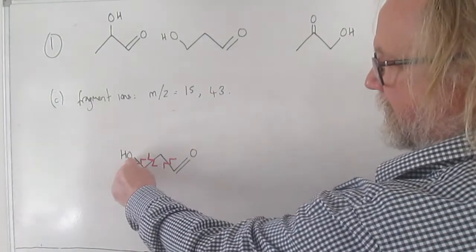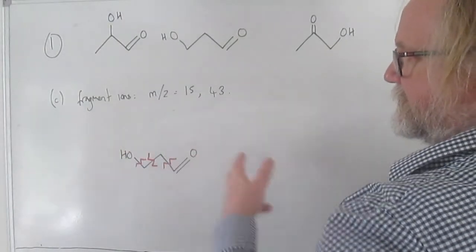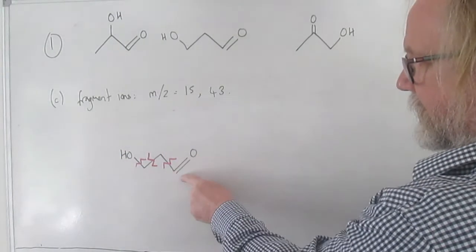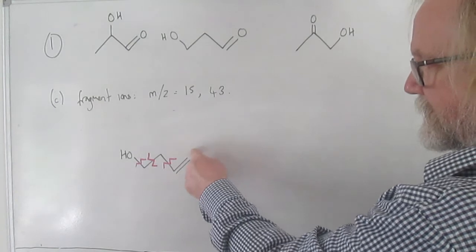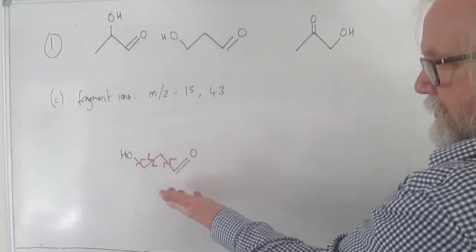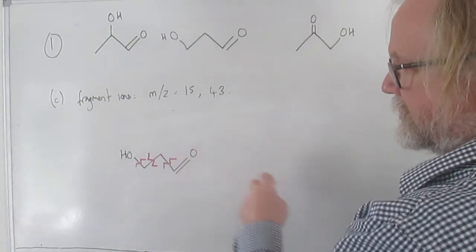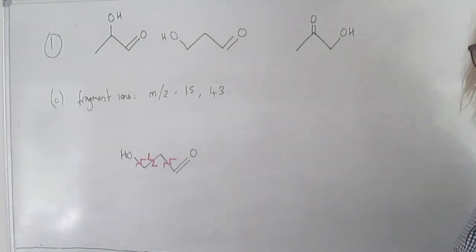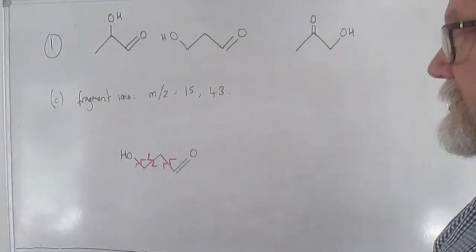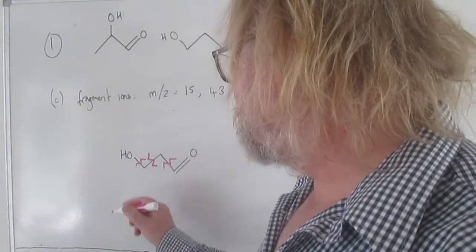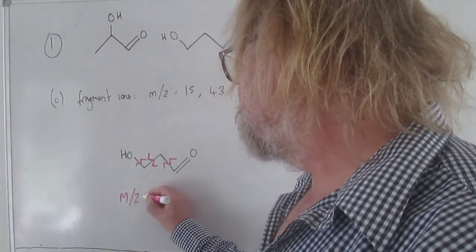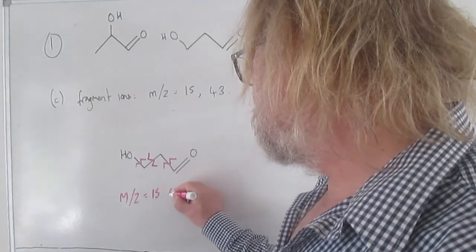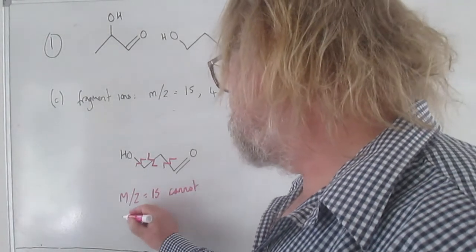Because, as I say, if you break the OH off, that's 17, that's too much. At the other end, we would have to break this whole CHO off, which is 29. So there's nowhere, actually, that you can just break 15 off the end. So we can straight away rule that one out without working out all the details by just seeing that m over z of 15 cannot easily be created.